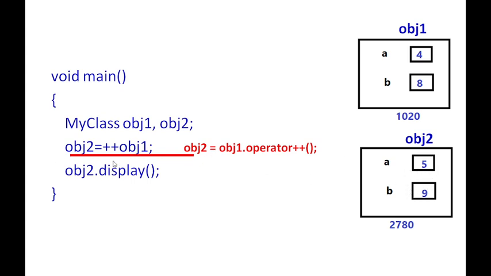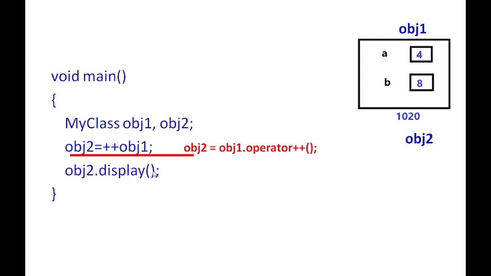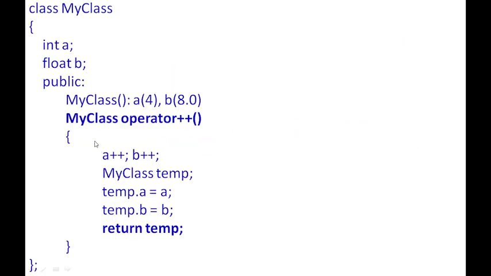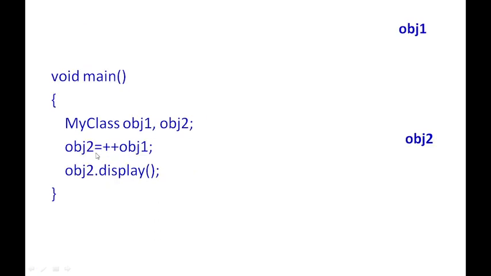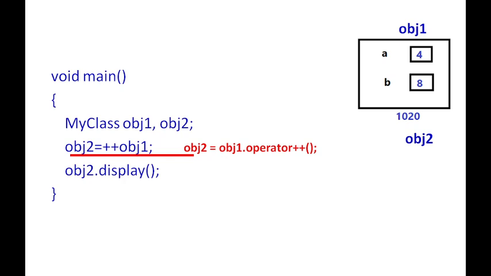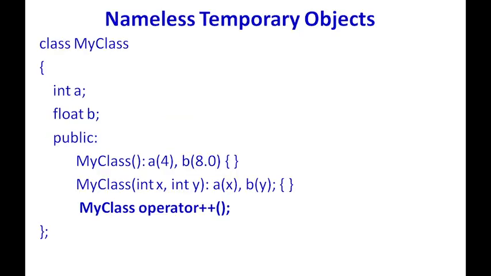So here it's a slightly modified version of the operator function where we return an object by creating a temporary object and then pushing the result into that object and returning that temporary object which is getting assigned here. See, this version has a different way of doing it, which is called the nameless temporary object.